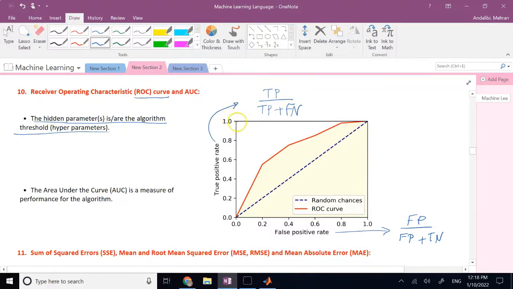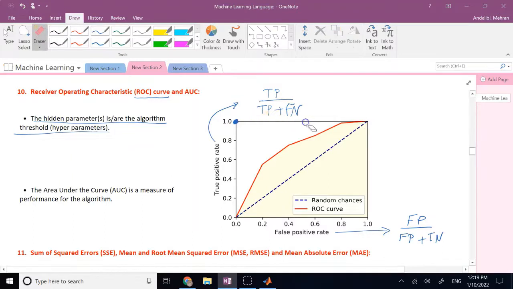The ideal case is here, where the true positive rate is 100% and the false positive rate is 0. Okay, that's the ideal case. And if you change your threshold and this stays at 1 all the time, that means your threshold literally has no effect on the performance of the algorithm.